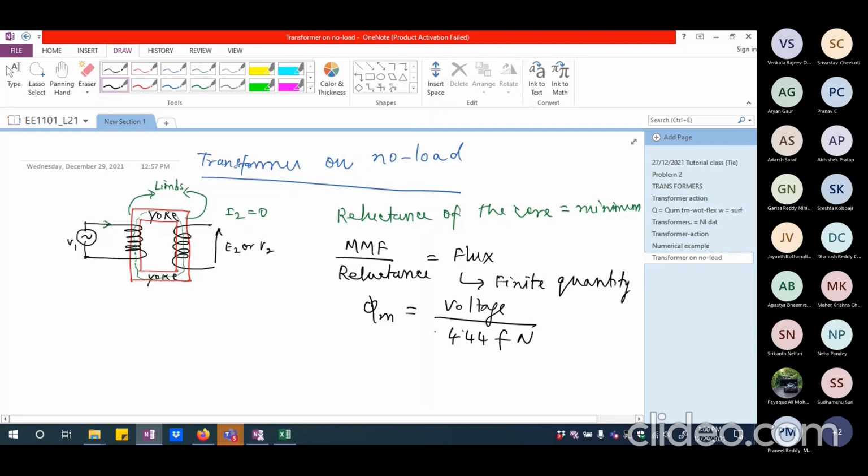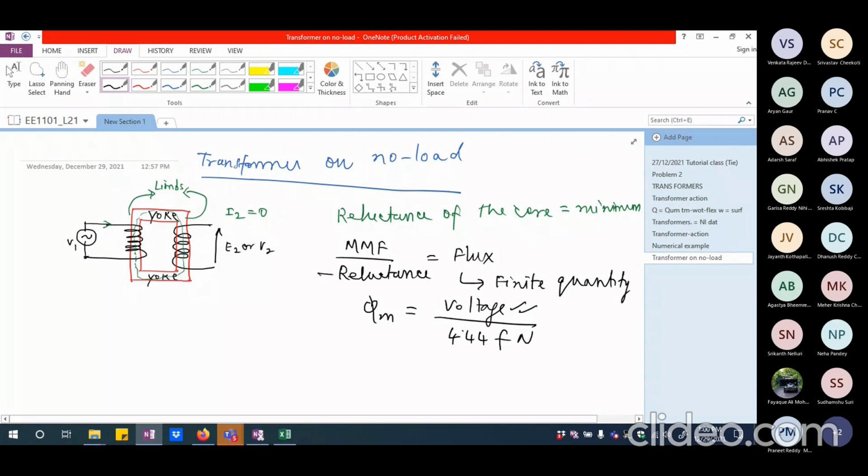This decides the kind of flux I need to establish in the core so that this amount of voltage is induced.